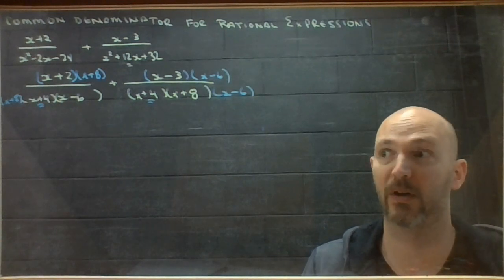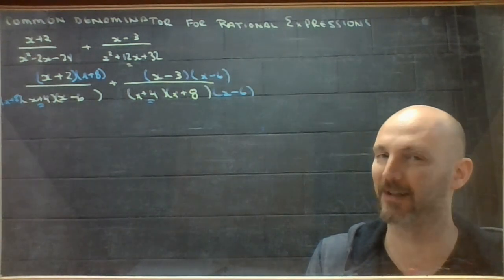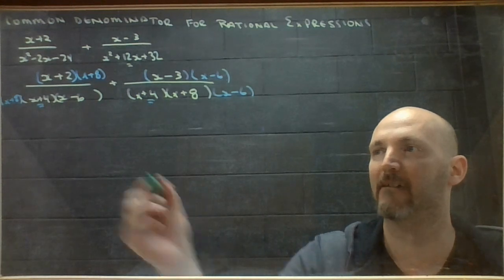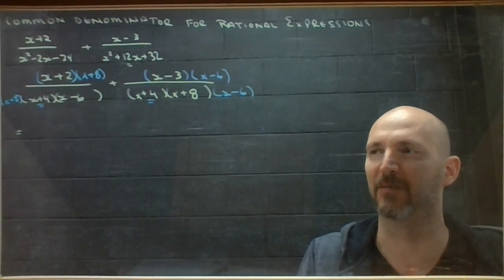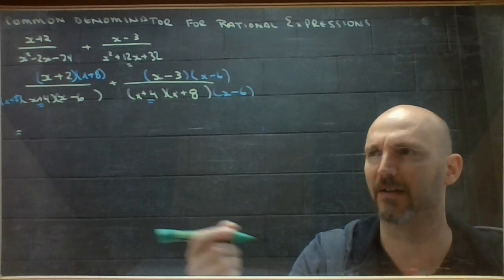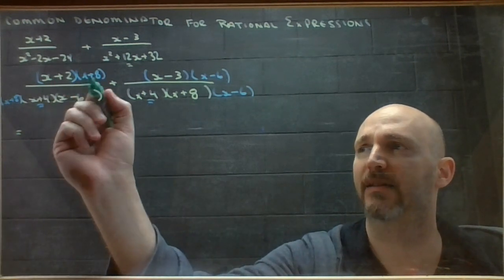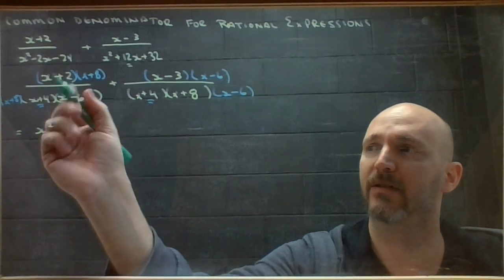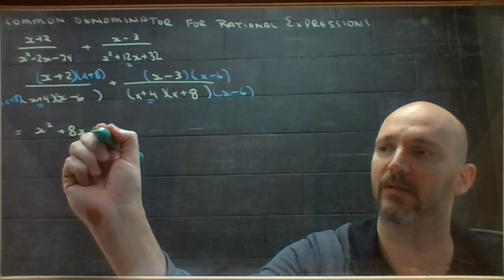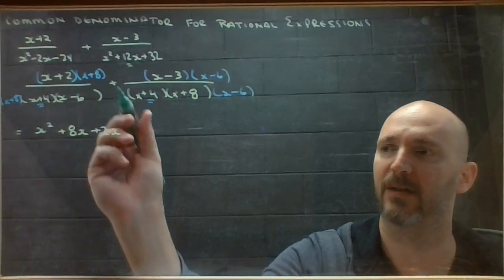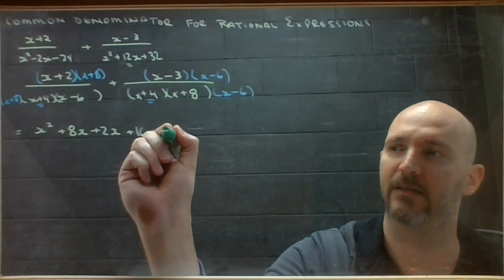Well, there's a lot of FOIL in this one, but I believe in you. You can do it. Maybe I believe in me because I seem to be the one doing it, but hey, we can share the wealth here. X and x is x squared. X and 8 is 8x. 2 and x is 2x. 2 times 8 is 16.